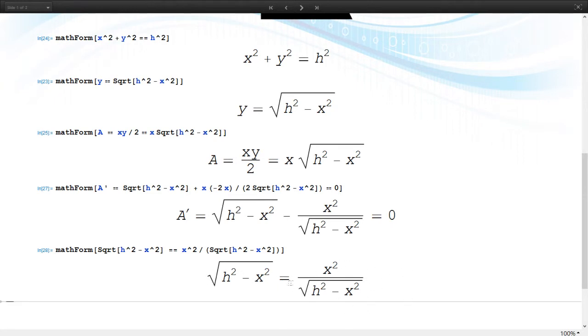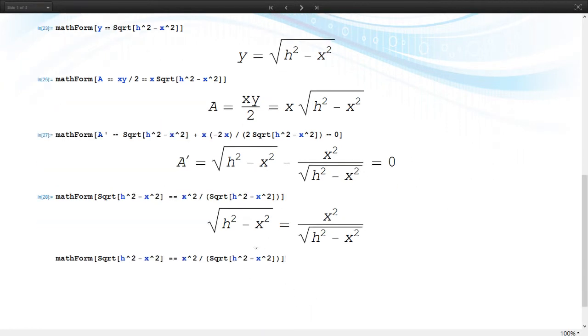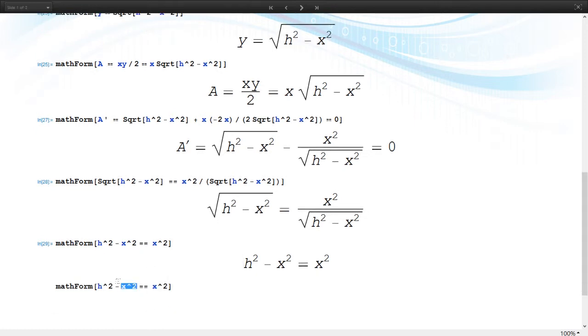I'll multiply by the denominator of the fraction so that I can get rid of the fraction. And that leaves me with something that looks like this. I add x squared to both sides. And I divide by 2.